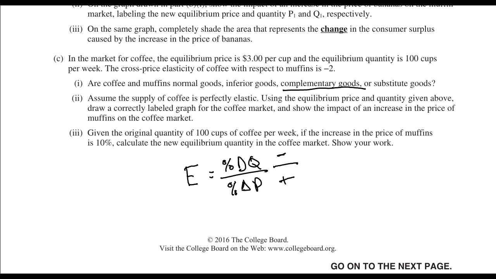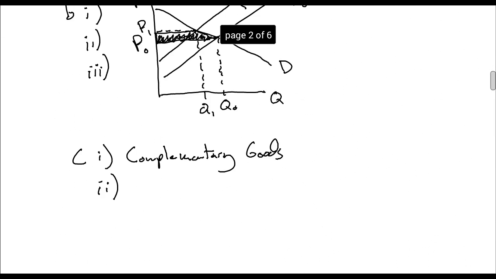Anyway, part 2. Assume the supply of coffee is perfectly elastic. Using the equilibrium price and quantity given above, draw a correctly labeled graph for the coffee market and show the impact of an increase in the price of muffins on the coffee market. Alright, so let's go draw our market for coffee.